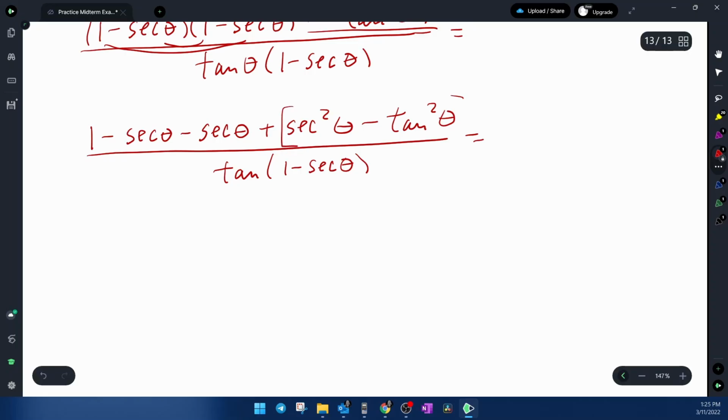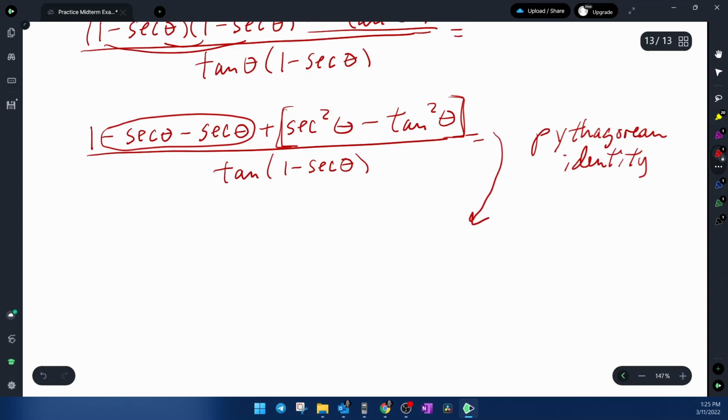I'm going to be able to replace secant squared theta minus tangent squared theta. That is one of our Pythagorean identities, and that equals 1. So we're going to combine like terms, and we're going to replace what's in my brackets with 1 using a Pythagorean identity. All right, here we go.